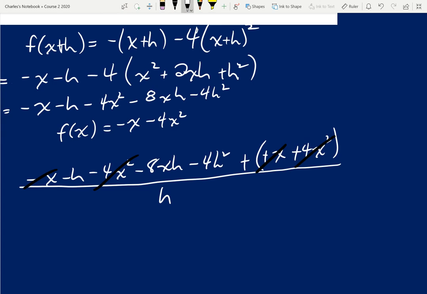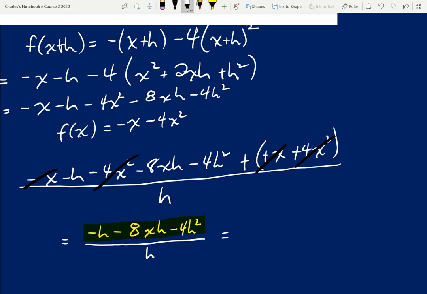Now, what I see here is I get negative h minus 8xh minus 4h squared divided by h. And then I can almost always do the same thing, which is all the terms in the numerator have an h in them.